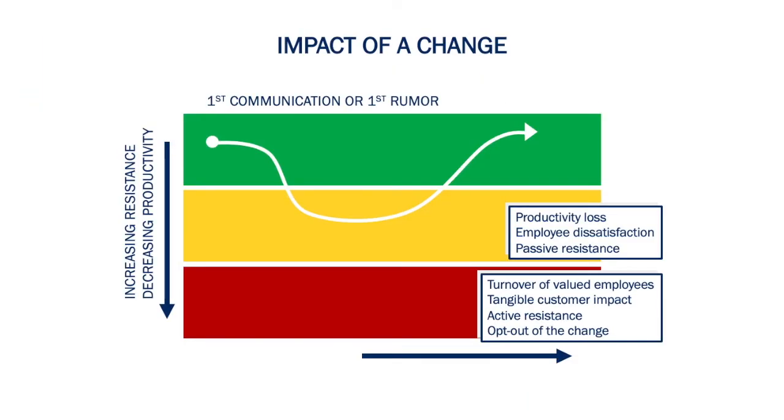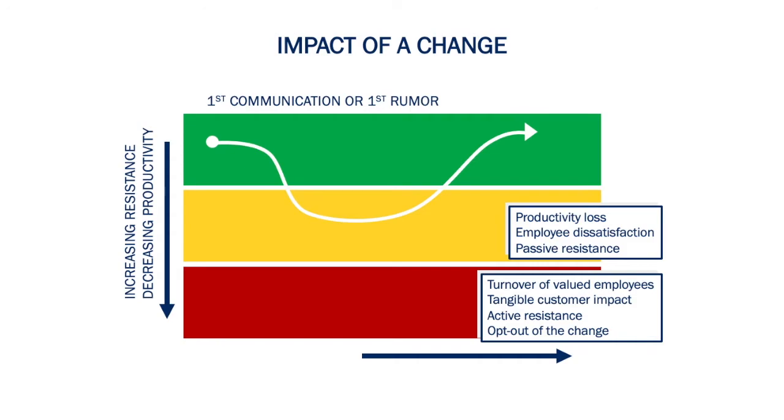As you think about the capacity for change that your organization has, consider the following two visuals. The first is the impact of one change. The yellow region indicates some productivity loss, employee dissatisfaction, and passive resistance. The red region indicates turnover, customer impact, active resistance, and opt out for change.